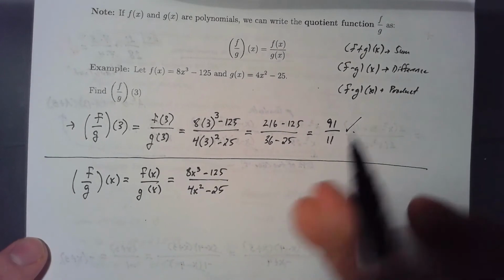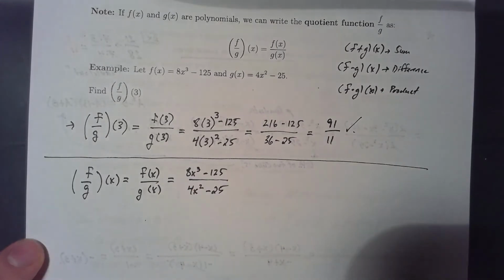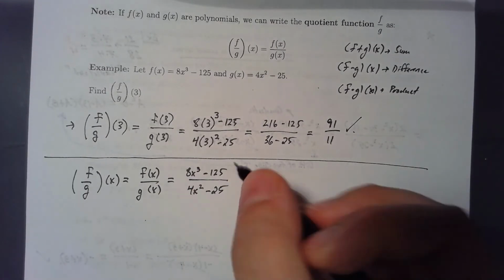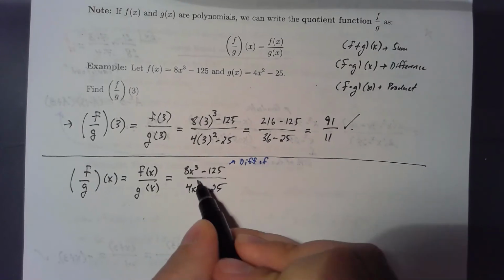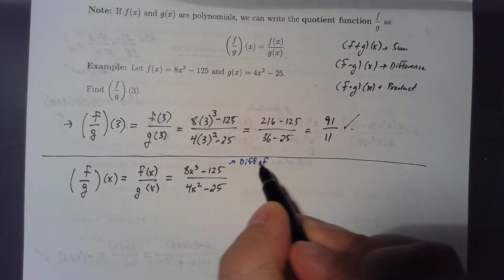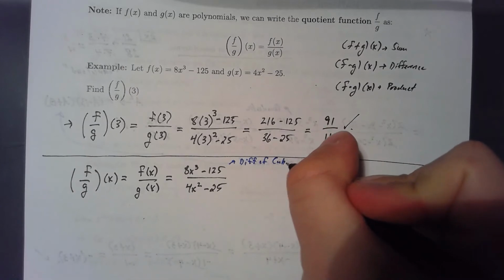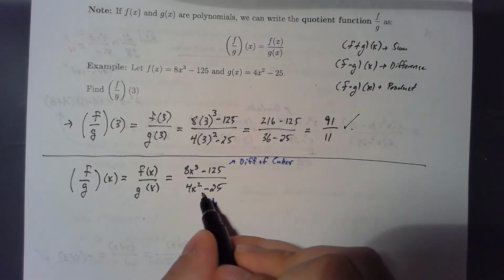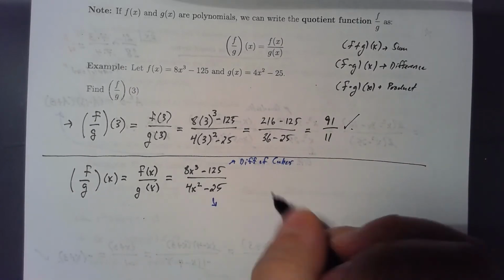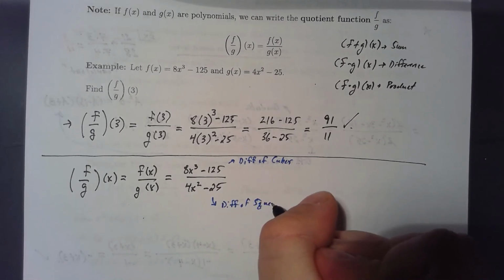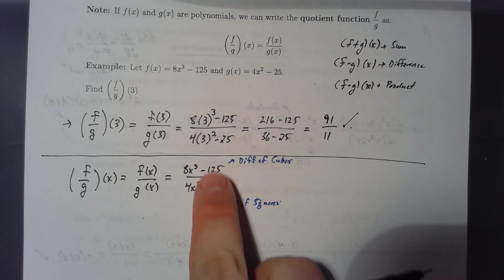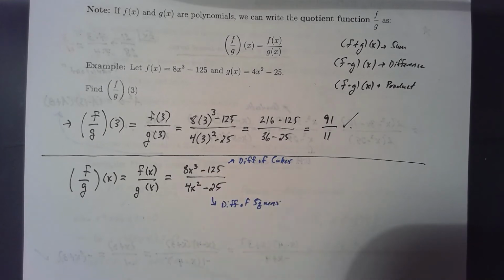And you could realize that you could factor the top and bottom here, because the top here is actually a difference of what? Well, this is to the third power, so it's a difference of cubes. And the bottom is the second power, so this is a difference of squares. Because 25 is a perfect square, and 125 is a perfect cube.